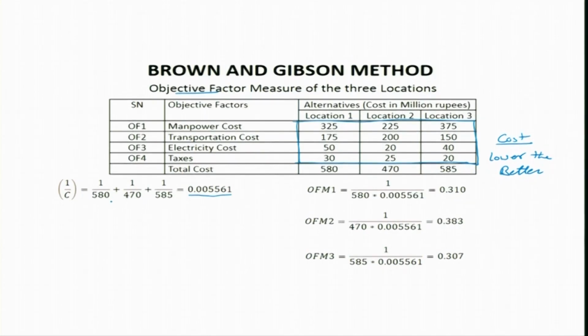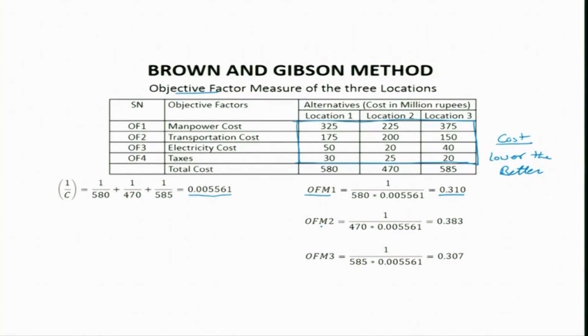So, we take the reciprocals of them, and then we calculate the objective factor measure by using this very simple formula: 1 by the total cost of location 1 multiplied by this factor 1 by C, and this gives us the objective factor measure for location 1 equal to 0.310.